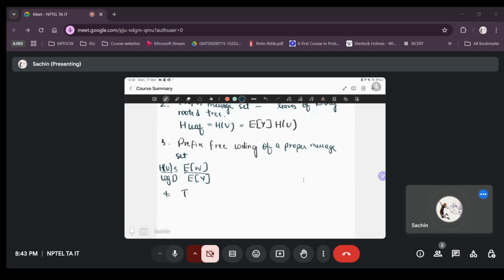And you have Tunstall coding, for which you have a Tunstall message set where M is equal to K plus q into K minus 1.